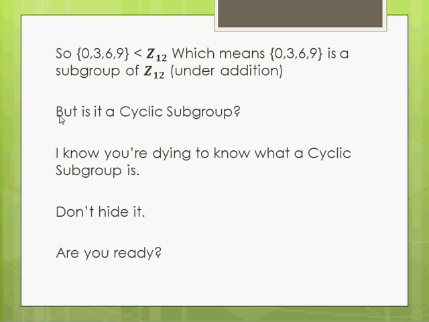Are you ready? So here it is, cyclic subgroups. It's exactly this set that I was alluding to earlier. We're going to call it H, and actually all subgroups we usually call H, because it comes after G, which is what we call groups.